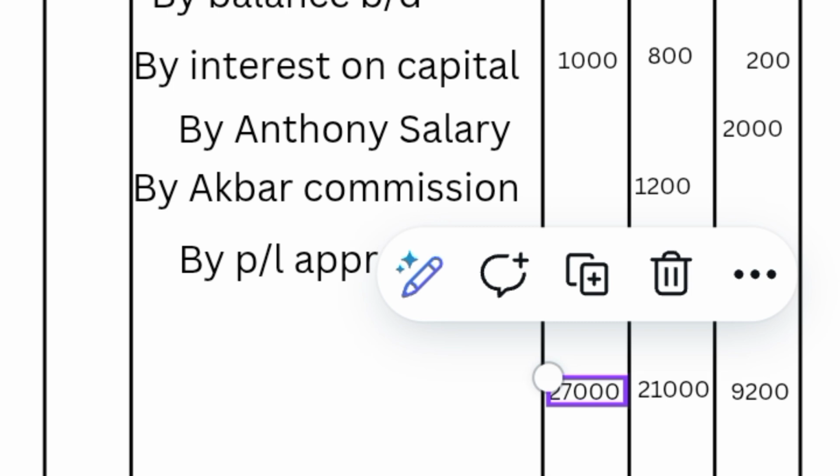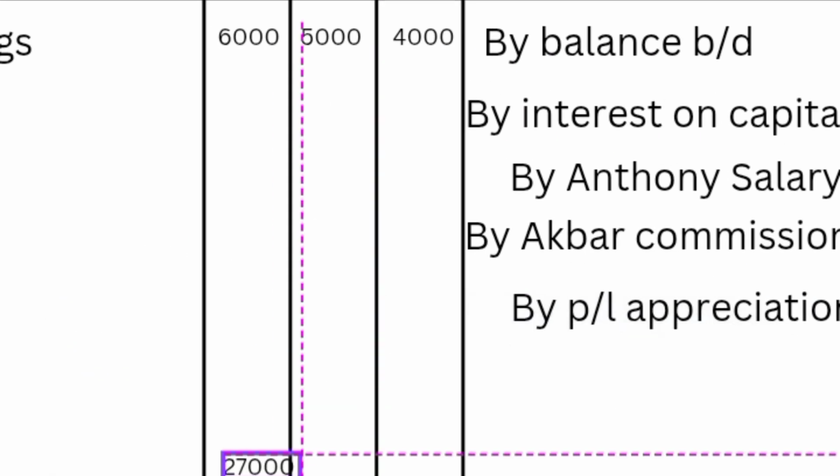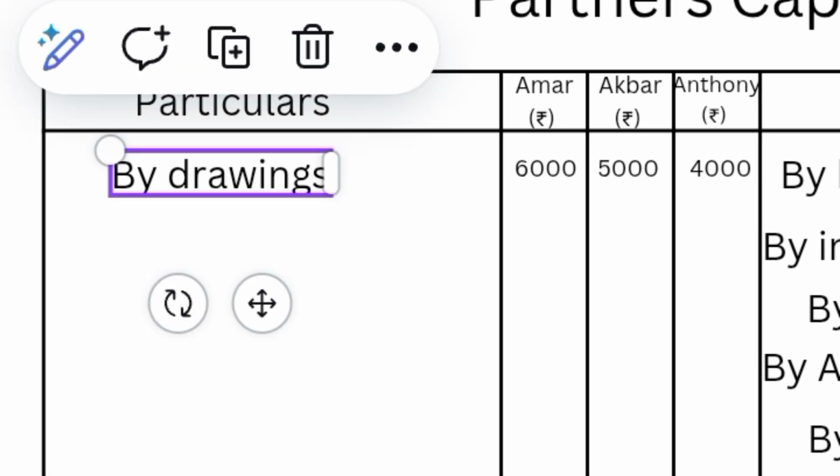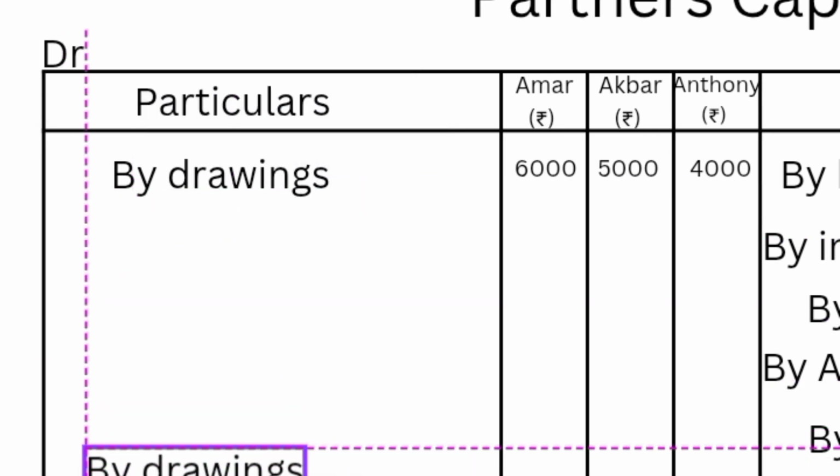On the debit side also we have to write this one. Last we have to write the balance carried down.